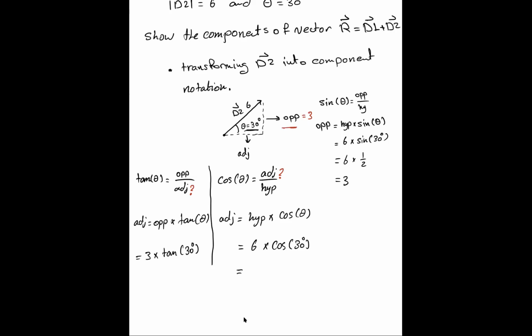Here, for cosine of 30, we can just use the calculator to get the accurate numbers. So I'm going to do that right now. 6 multiplied by cosine 30, and that will give us 5.19.